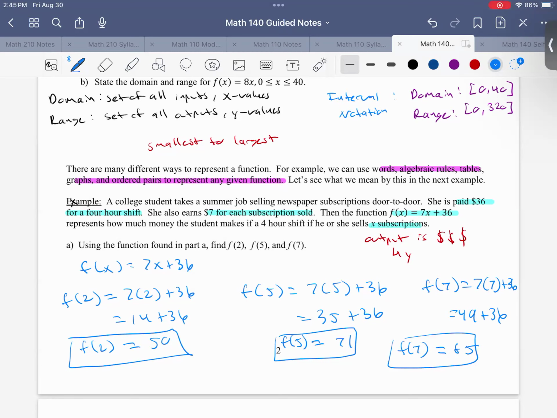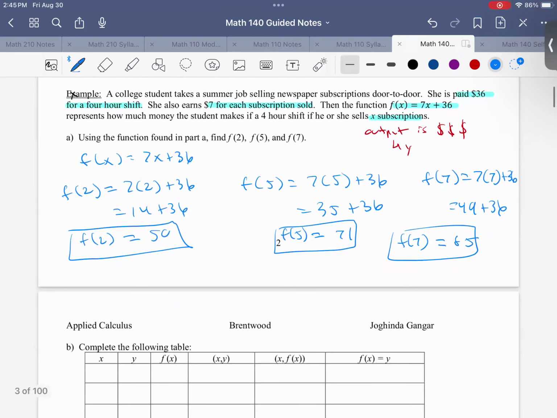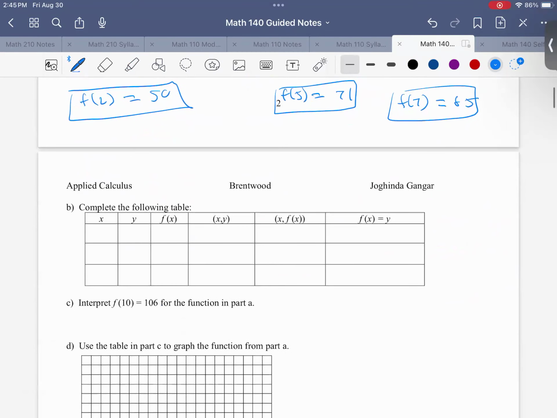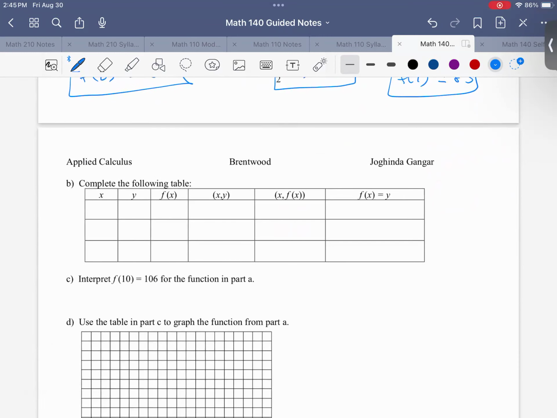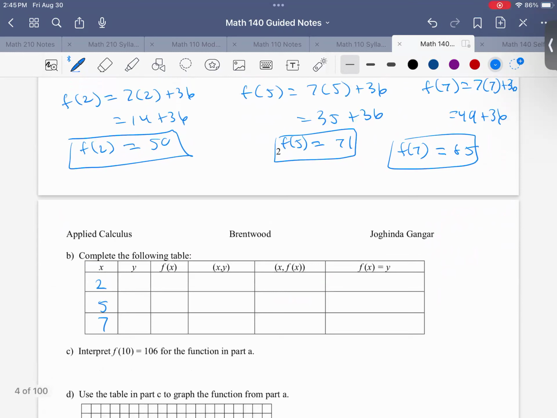Okay, so now let's move on to part B. We have these evaluations now, so let's complete a table using what we just found. Our x values that we evaluated at were 2, 5, and 7. And the y values respectively for each one of them were 50, 71, and 85.